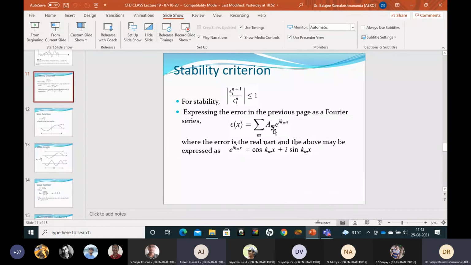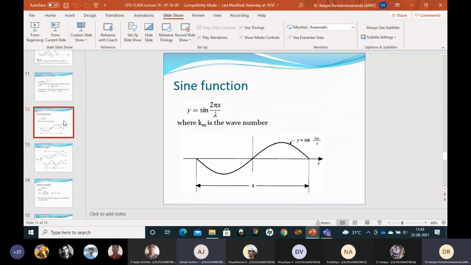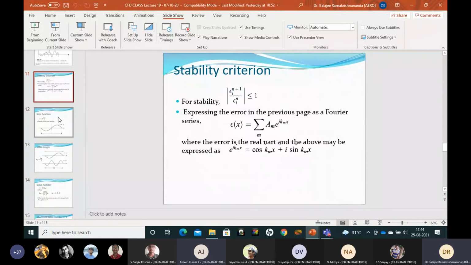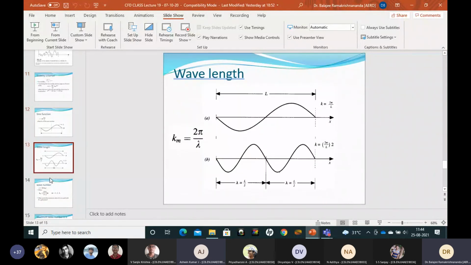With 20, you can have 20 terms. It's pointless to have more than 20, although the series is up to infinity. So you represent the error as closely as possible with the given number of points. If you have more points, you can represent the error more closely, in a better fashion. That's all.